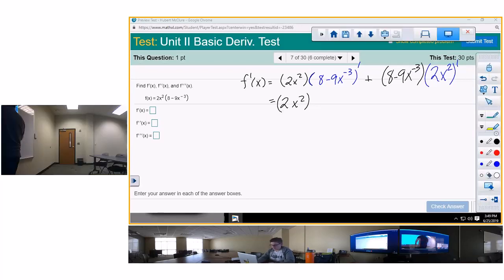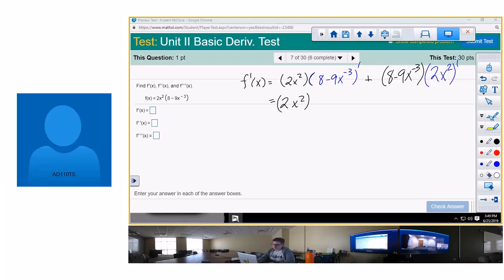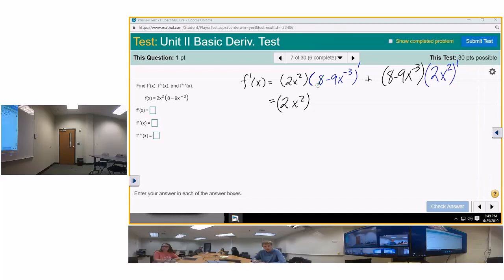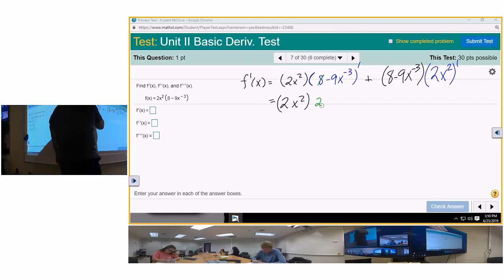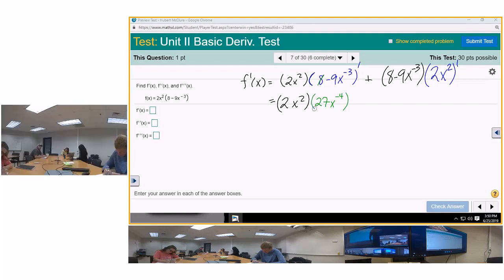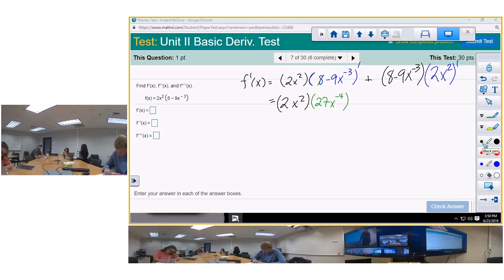Okay, now be careful here because you don't want to make something difficult. What's the derivative of 8? 0. Okay, so just knock that out. Now, negative times negative is positive 27. X to the what? -4. Don't make it difficult.